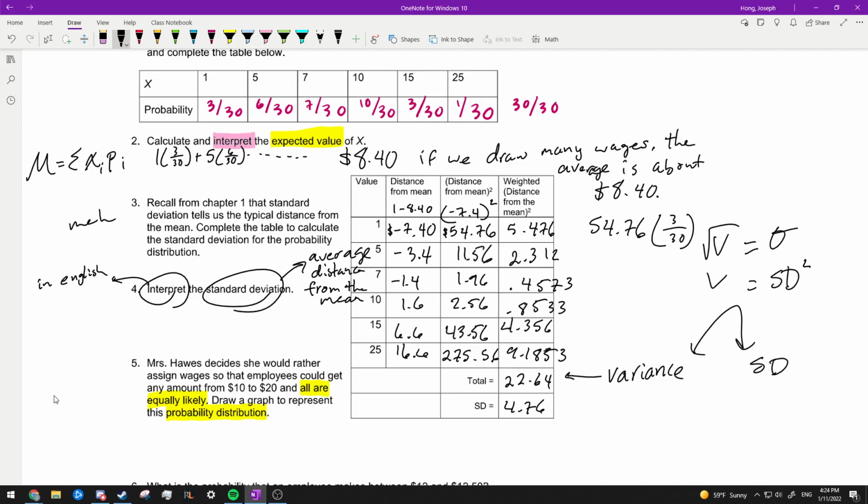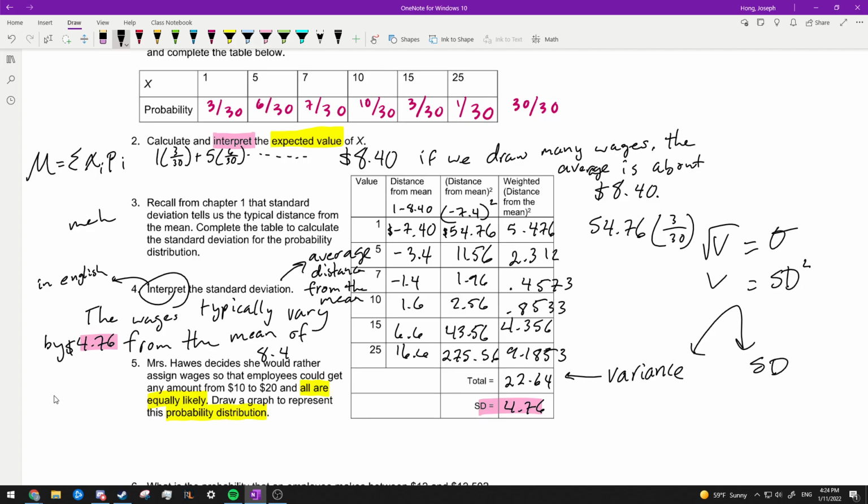So in this context, the wages typically vary by $4.76, which I found on my table, from the mean of $8.40.